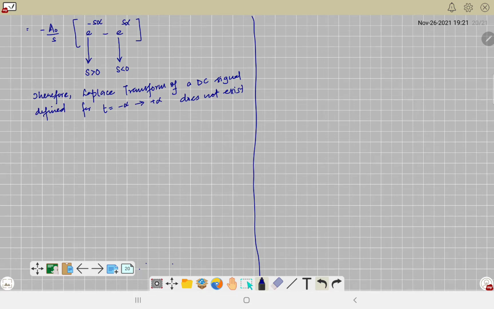Similarly, we have a function which we call the Signum function. It is defined as sgn t. It is the difference of two unit step functions, u of t minus u of minus t. Now we have earlier found the Laplace transform of the unit step function.